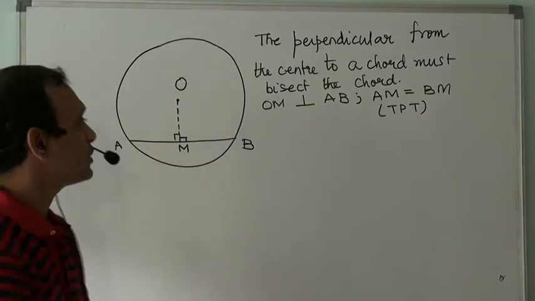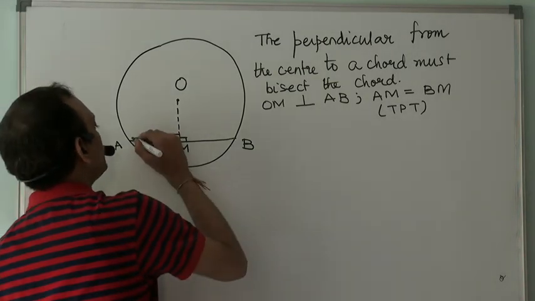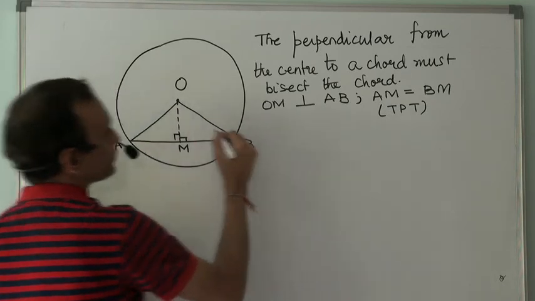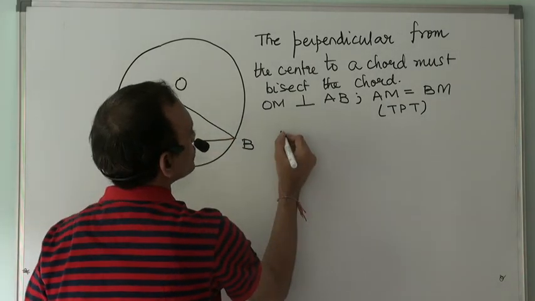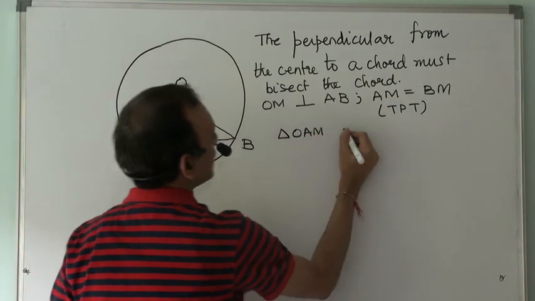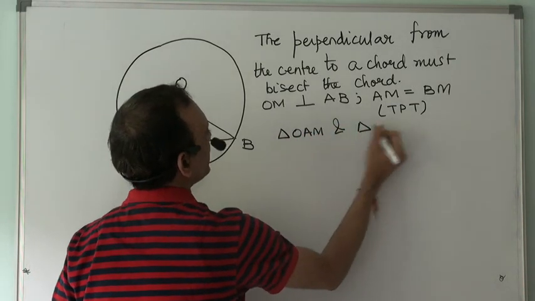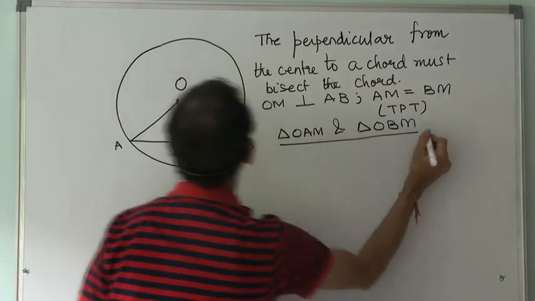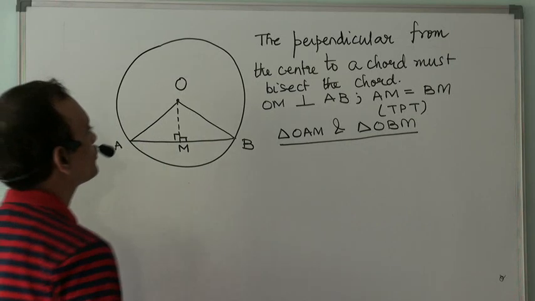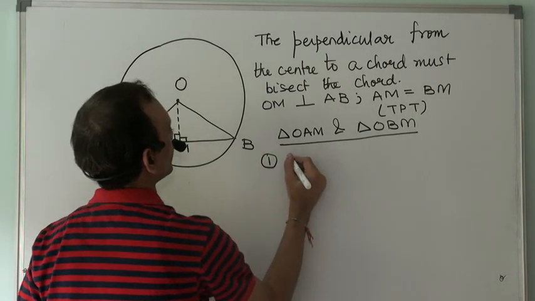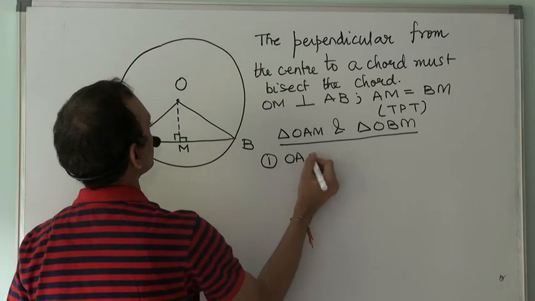Now, very simple. Let me join O to A. Let me also join O to B. And let me look at triangles OAM and OBM. Now in these two triangles, realize that one, OA is OB.